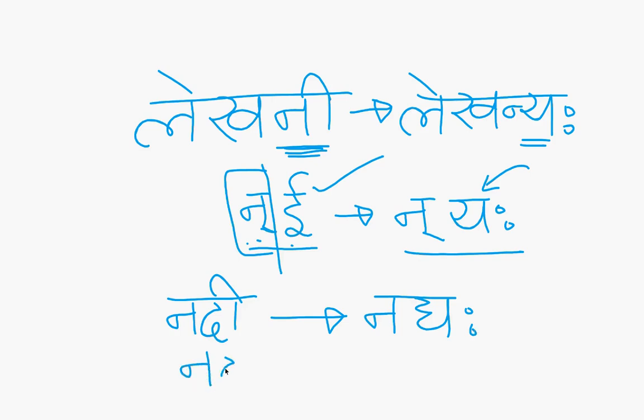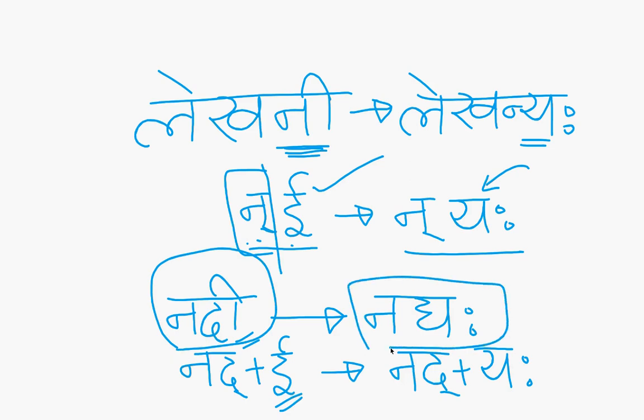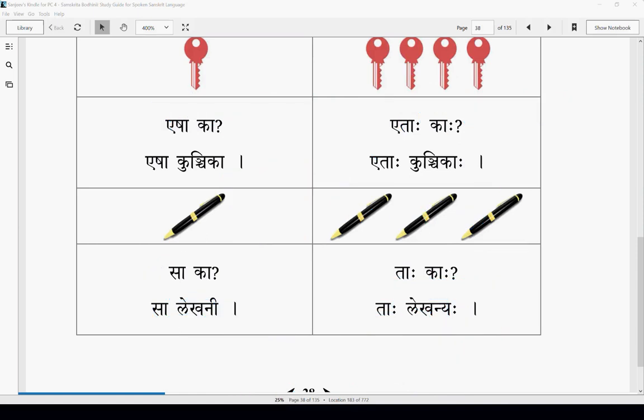Nad plus e: the e is removed and we add yaha. Okay, so this is the ekavachana form and this becomes the bahuvachana form. Lekhani changes to lekhanya. With the same pattern, you can continue for the words.